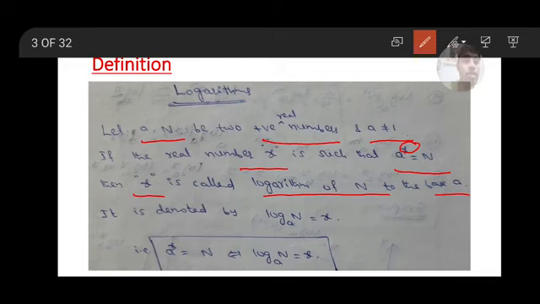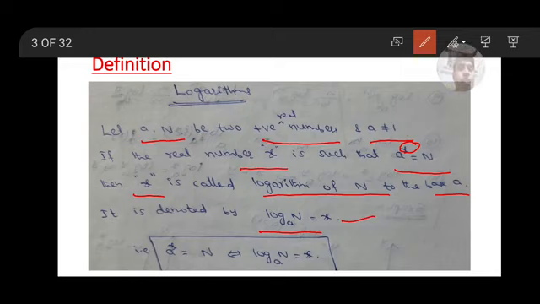The small x is called the logarithm of capital N to the base a, and it is denoted by log N to the base a. It is read as log N to the base a equals x. This is the notation.